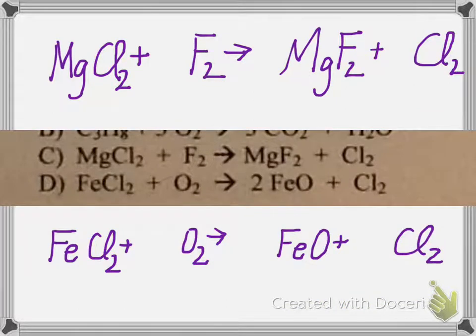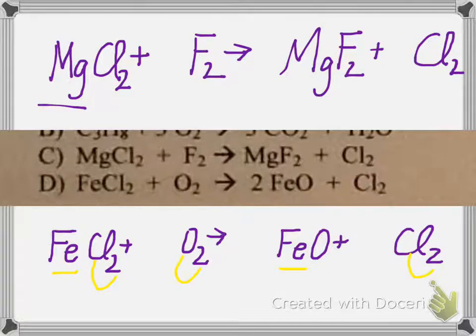Equation C, remember, we already said that this happened to be a skeleton equation that was a balanced chemical equation, so nothing necessary for that one. So equation letter D, we have 1 iron and 1 iron. We have 2 chlorines, we have 2 chlorines.